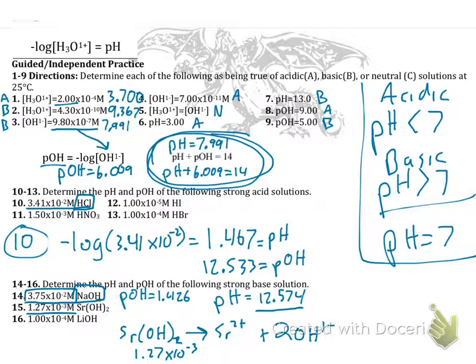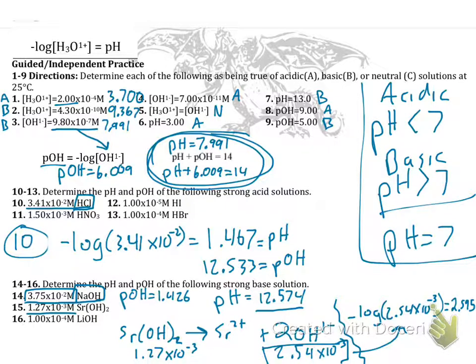So if we have a concentration of 1.27 times 10 to the negative 3, and that's the concentration of strontium hydroxide, that means we'll have double the concentration of the hydroxide. And it is this number that we plug into our equation to get the pOH. And that will give us 2.595 as the pOH.